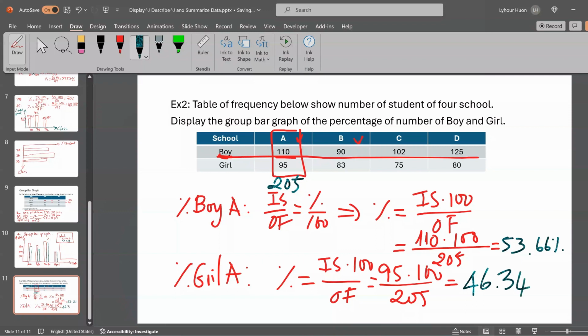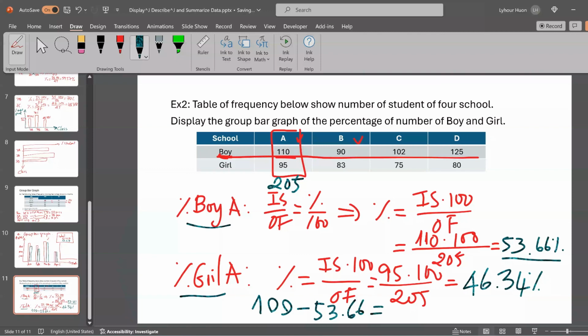Actually, we can use this formula to be accurate, or otherwise, what should we do? We know that the percentage of boys and girls in one school will total 100. So when we find the percentage of boys, to find the girls we just take 100 minus the percentage of boys.